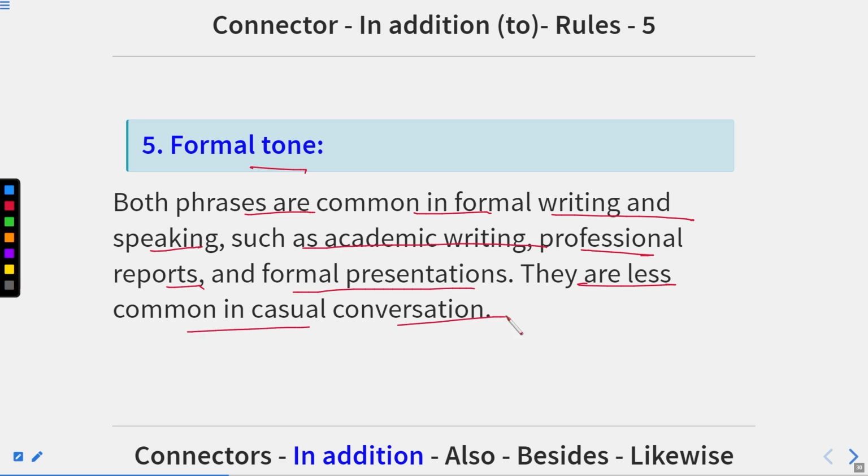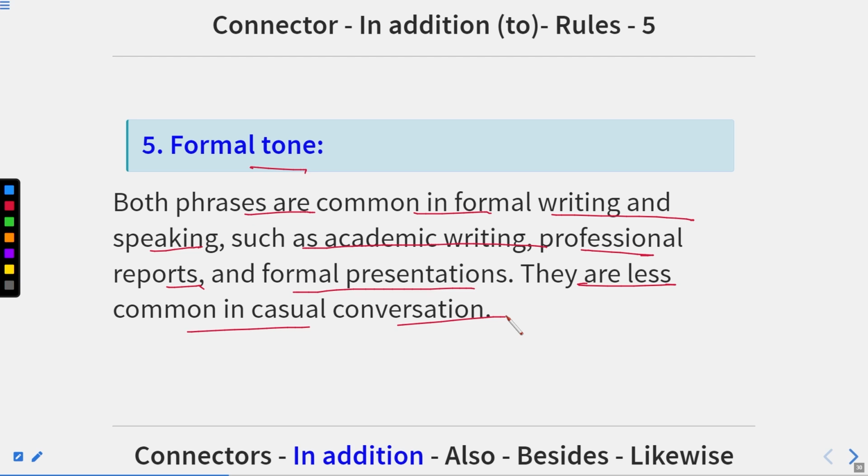Now, you must have noticed this many times, that whenever we are in simple communication, we rarely use these phrases, or we sometimes use these phrases. But in case of formal writing, formal tone, we use these phrases many times just to make our speech formal, or make a document formal.